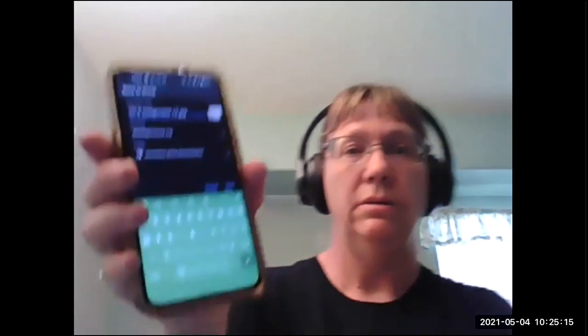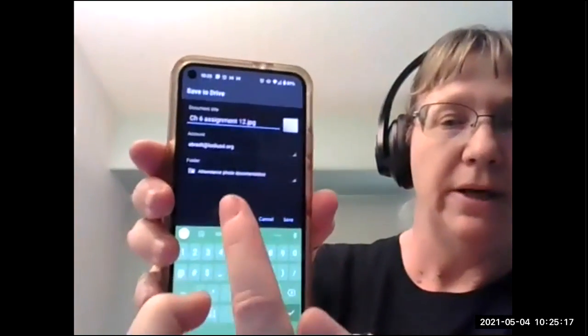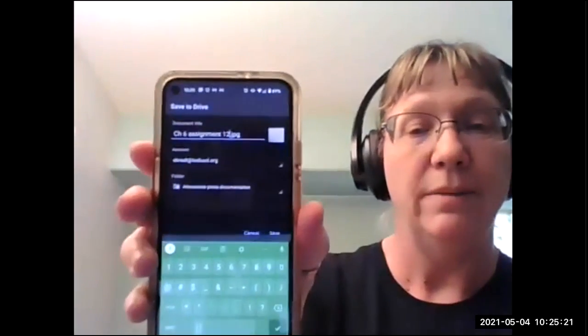On mine, see, I went into the picture, I chose the share, and I'm saving it to my drive. I'm changing its title. I had to take two pictures, so I'm going to call them picture 1 and picture 2. Save them in your drive. If you're using your phone, save it to your drive.